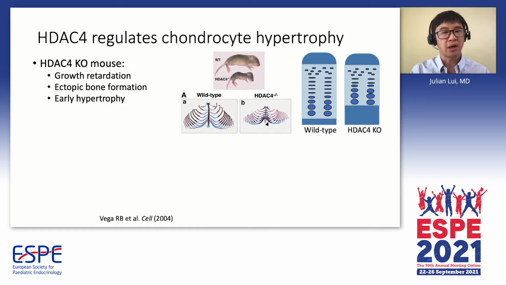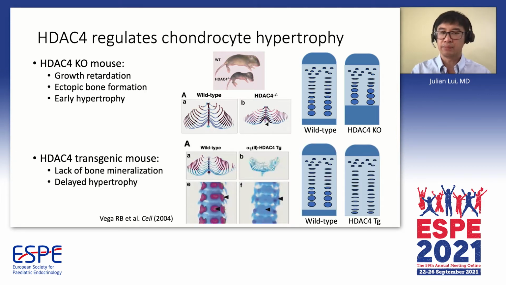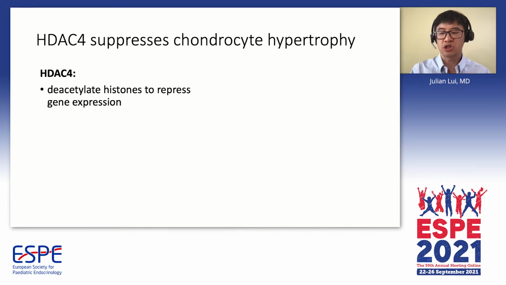The HDAC4 knockout shows growth retardation with ectopic bone formation and early hypertrophy, while the transgenic mouse overexpressing HDAC4 shows the opposite phenotype with a lack of bone mineralization and delayed hypertrophy. So these mouse phenotypes suggest that HDAC4 suppresses chondrocyte hypertrophy in the growth plate.